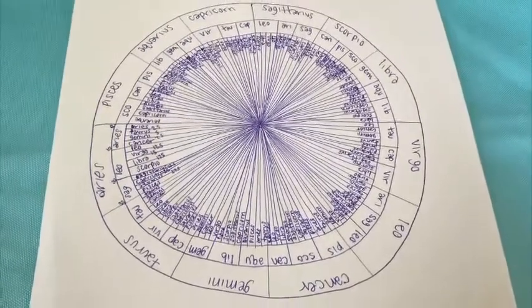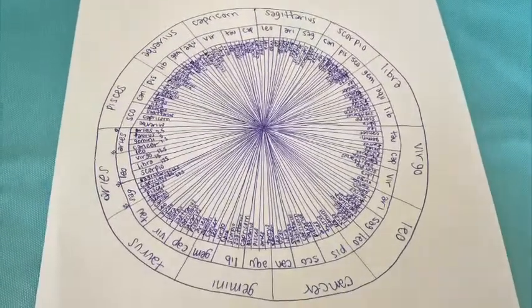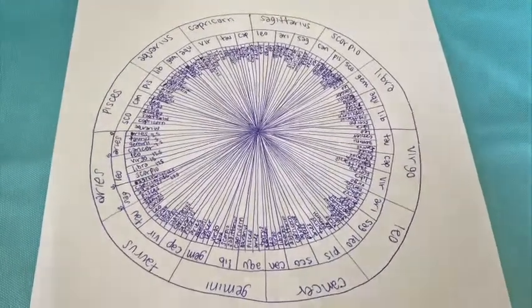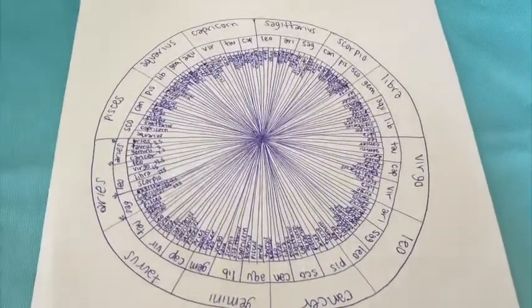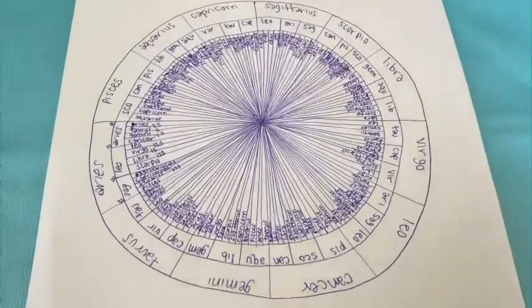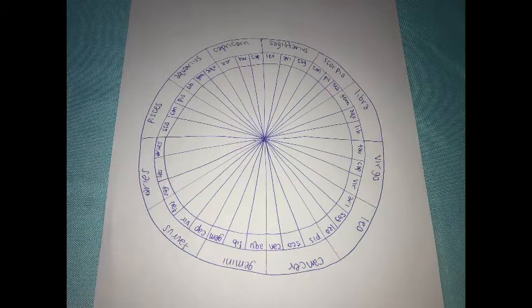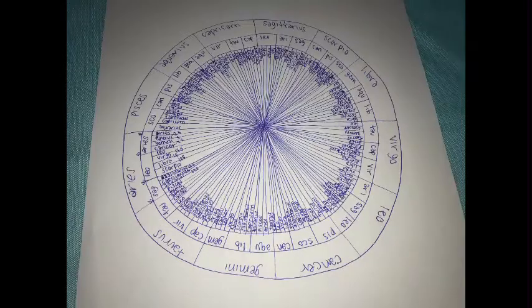If you don't know what elements are what zodiac signs, you will. So first I want to explain what a decan is and what a dwad is. And I'm going to start off by doing that by explaining how I drew this decan and dwad wheel. So let's get into it.